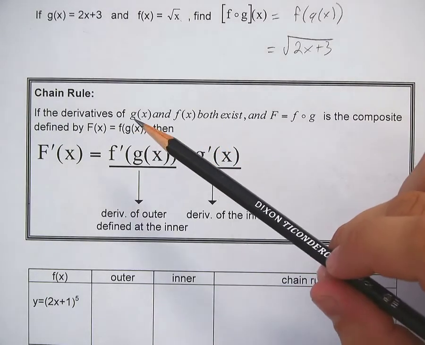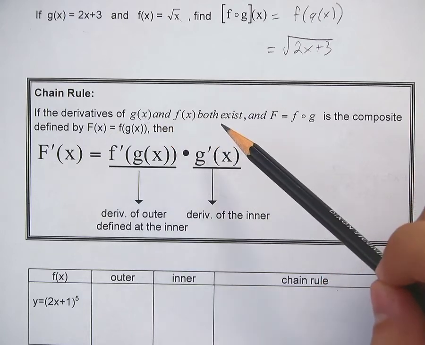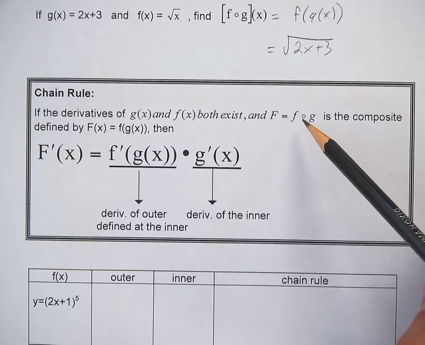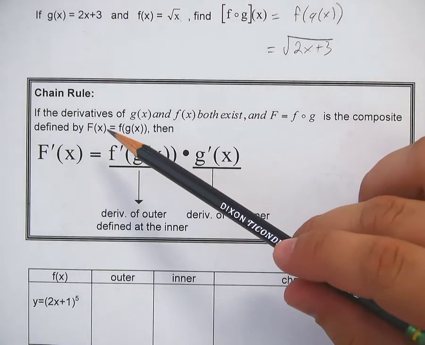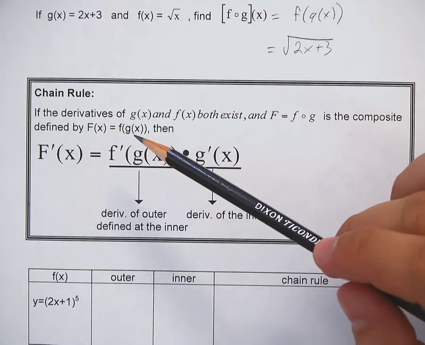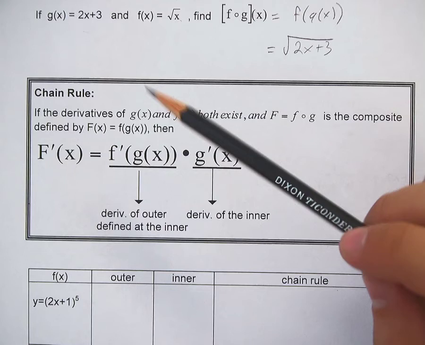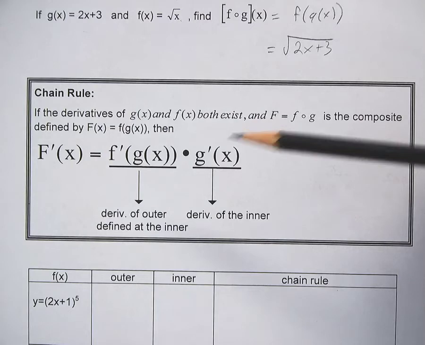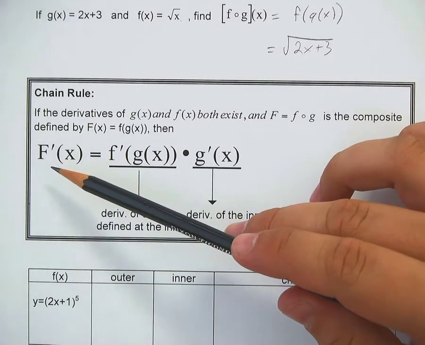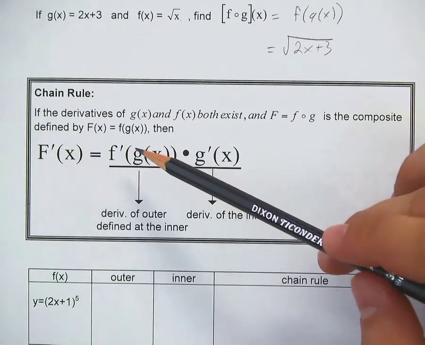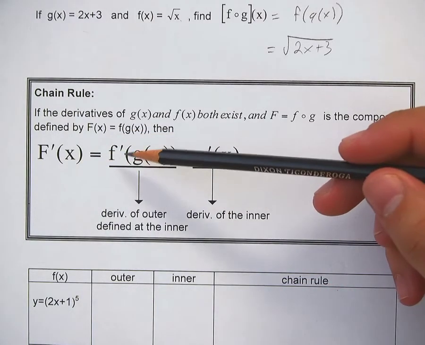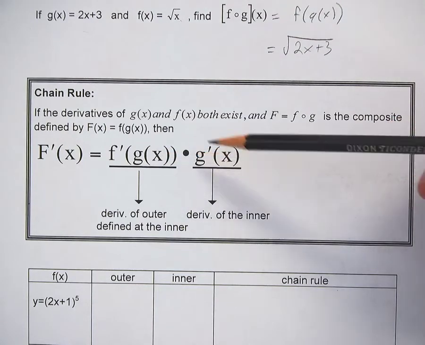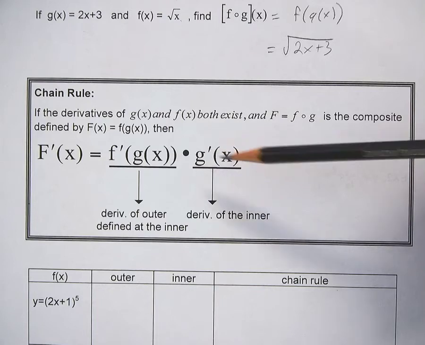So if the derivatives of g of x and f of x both exist, and capital F is the composite defined by capital F of x equals f of g of x, then what this is saying, if g and f are both differentiable and you use a composite function, then the derivative of capital F of x, the derivative of a composite, is the derivative of the outside with the inside still intact times the derivative of the inside.